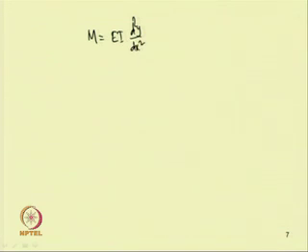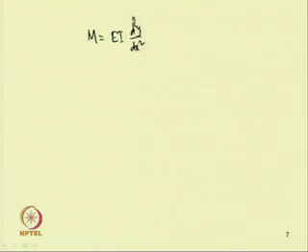So far we have not considered time, but in the actual case y is a function of both x and time. So instead of writing M equal to E I d squared y by dx squared, one should write M equal to E I del squared y by del x squared, because y is a function of both time and space coordinate x.